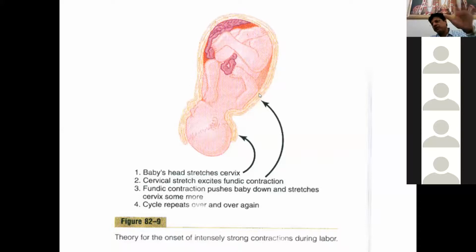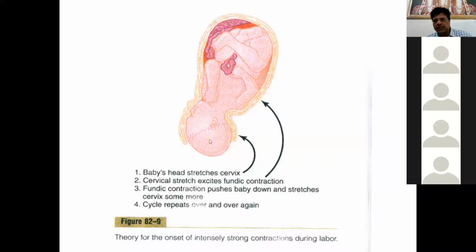Anyway, in a full term baby with normal delivery, the head of the baby descends down into the cervix. When the head descends, the cervix stretches.